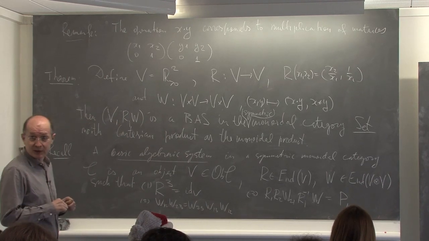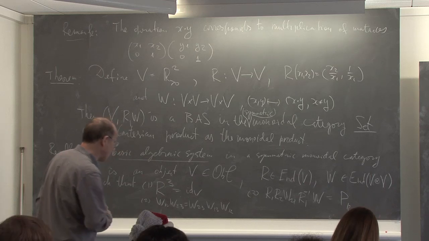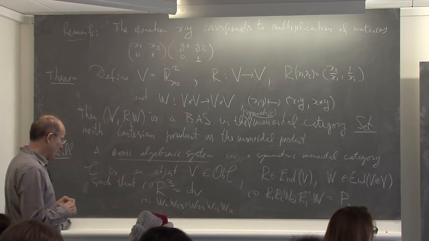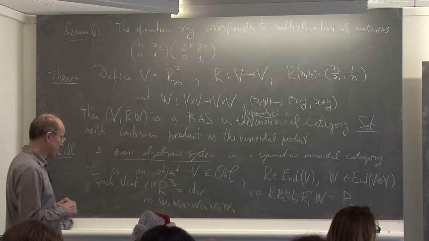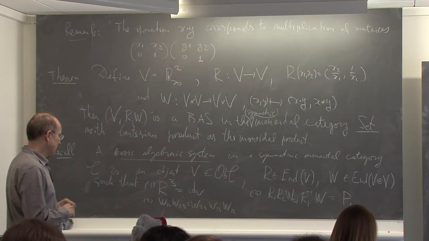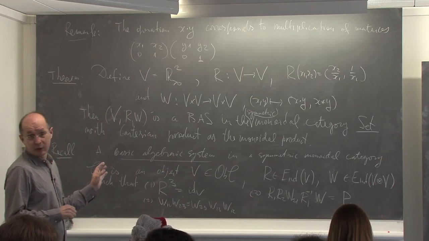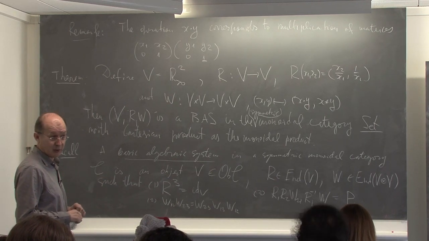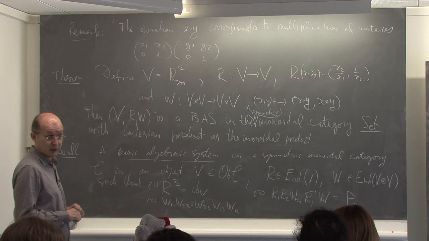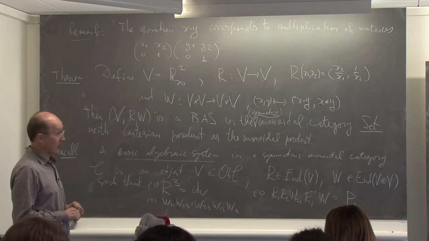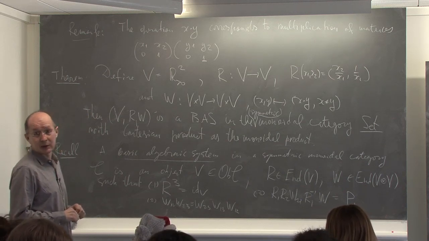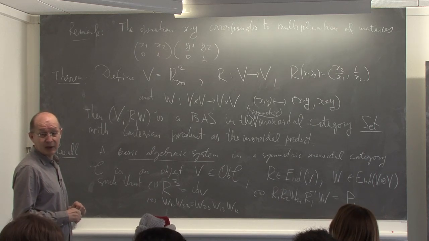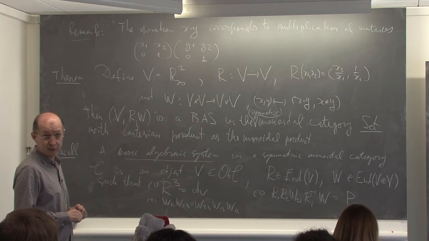And that's it. So that's a basic algebraic system. And what we have seen 2 weeks ago is that any solution of that system leads to a representation of the group point of ideal triangulations, and in particular leads to a representation of the mapping class group of the punctured surface.